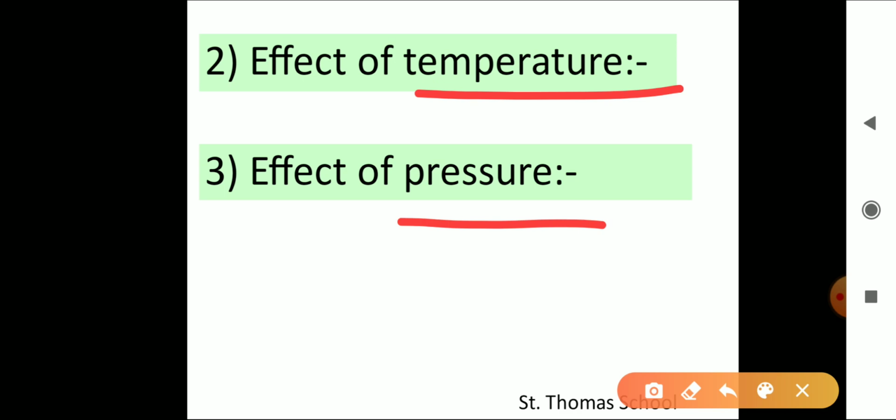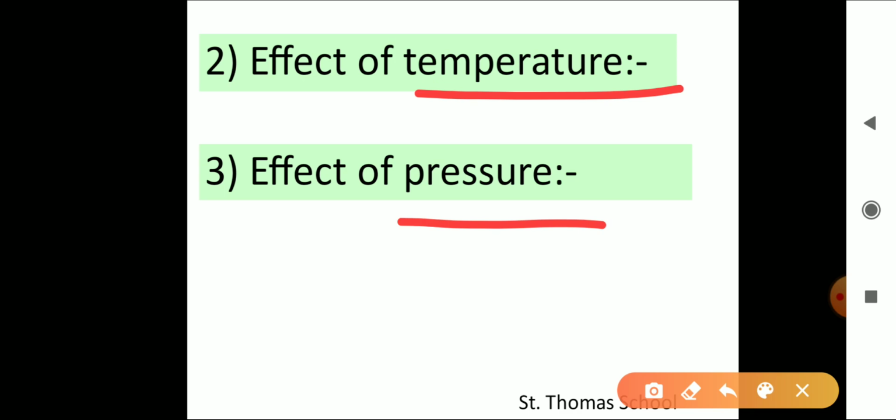So the effect of pressure on the solubility of a solid in a liquid is not very significant. We say that the effect of pressure on solutions in this case is very small, or you can say negligible.